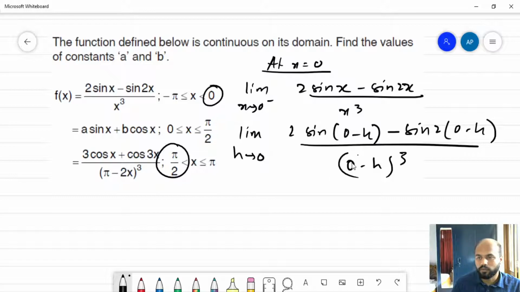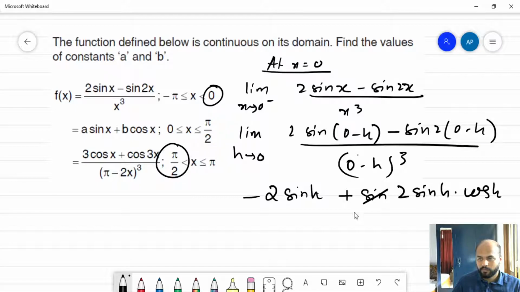If you apply 0, then it would not be defined. So we'll try and simplify it. What we would get from here is 2 sin h minus sin 2h, which would then be written as 2 sin h cos h, divided by minus h cube.